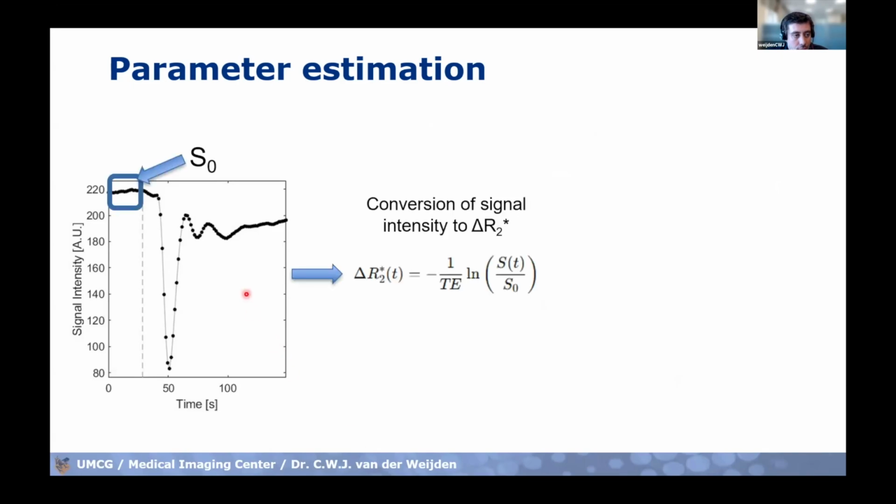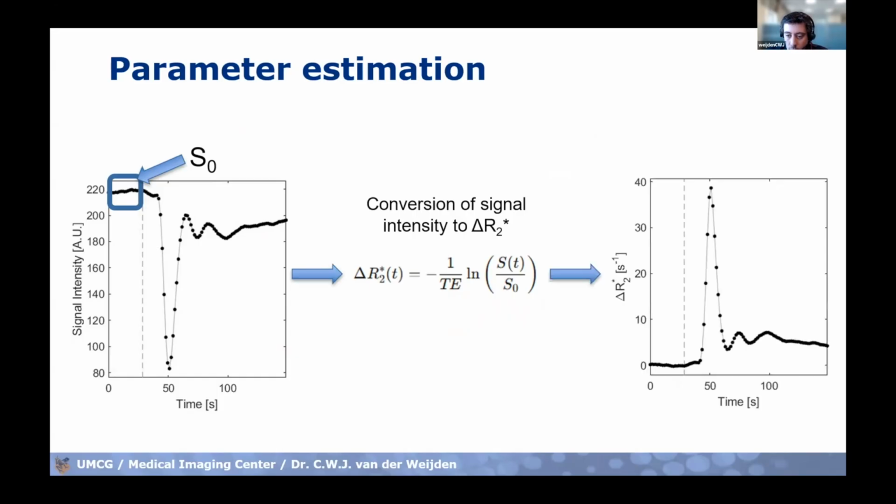Here you see S0, which are the baseline measurements, and S(t) is the signal intensity over time, and TE is the echo time of the sequence. Using this formula, you will then obtain the delta R2* relaxation curve, and from this curve, we can extract perfusion-related information.